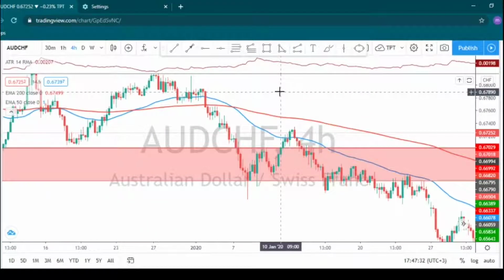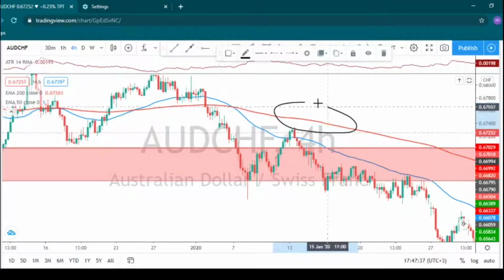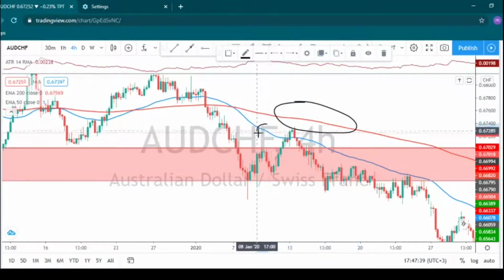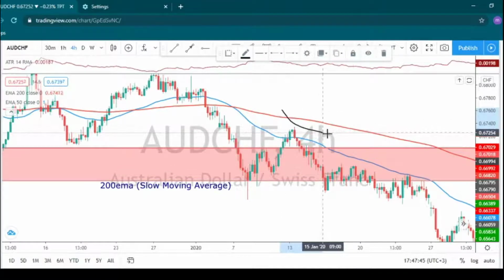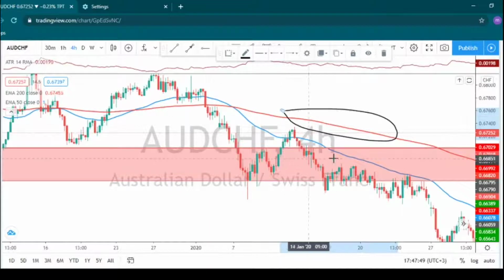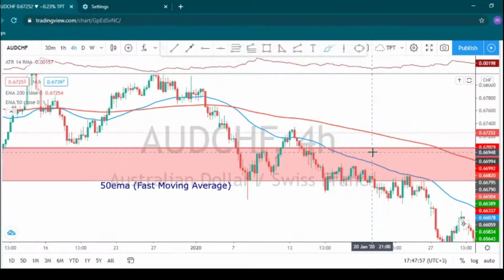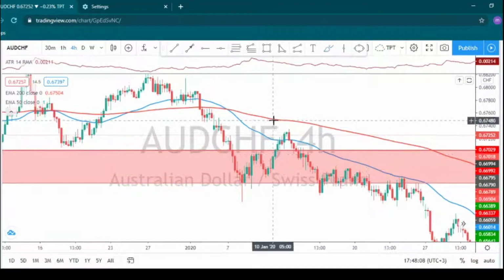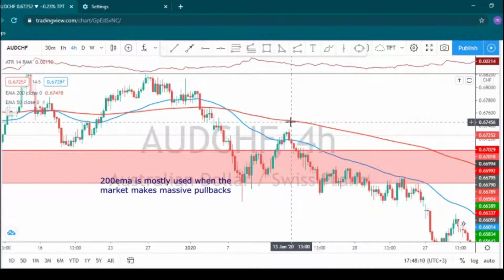As you can see in the chart here, we have the red curve and we have this blue curve. The red curve is a slow moving average, which is the 200 EMA, and this blue curve is a fast moving average, which is the 50 EMA. The 200 EMA is mostly used when the market is making massive pullbacks.